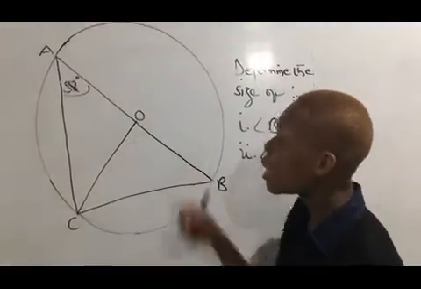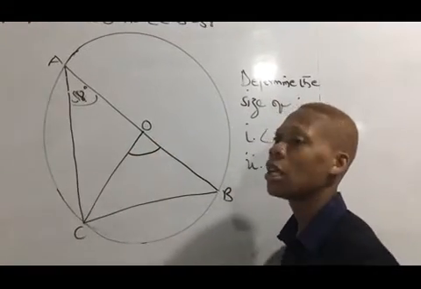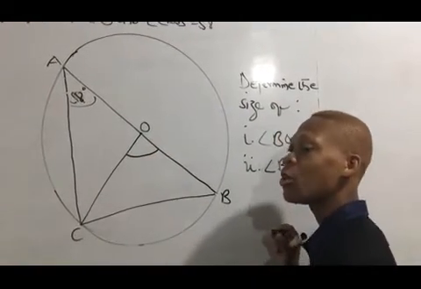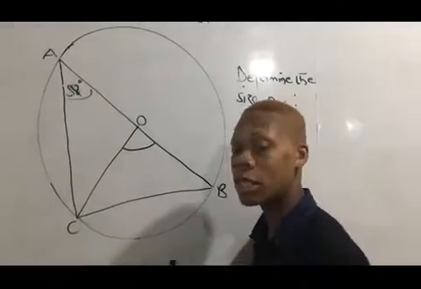Now, if I look at angle O here, that is the angle at the center, this angle. Now, let's look at the two lines which create the angle O and their connection with the chord CB.